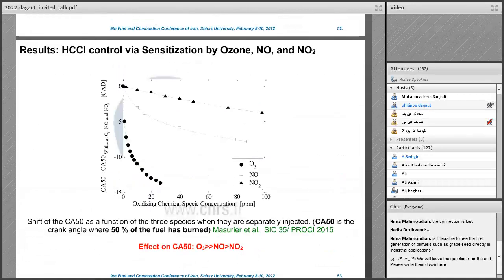And this can be seen on this plot when we plot the impact of introducing these chemicals in the engine, as a function of initial concentration of these three oxidants. We can see that NO2 has a slight effect on ignition, NO has a stronger effect, and ozone has a huge effect.